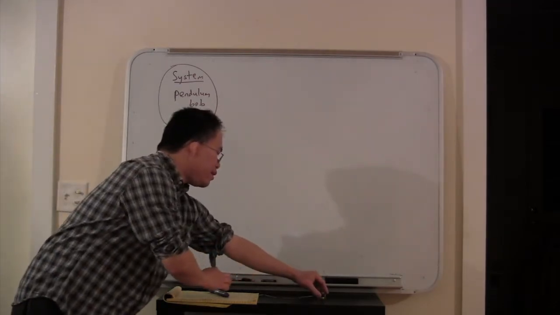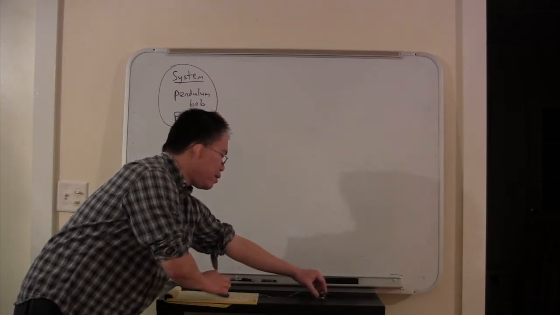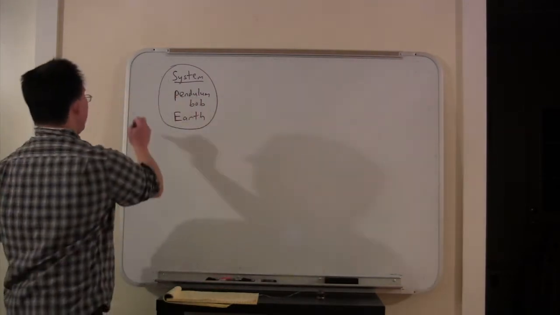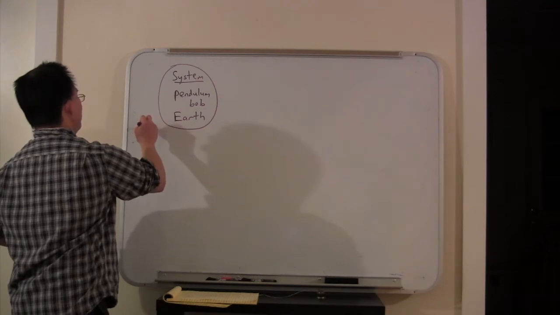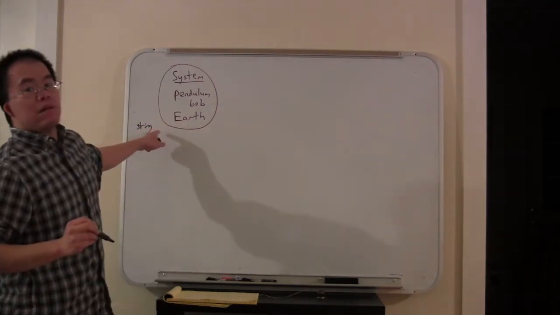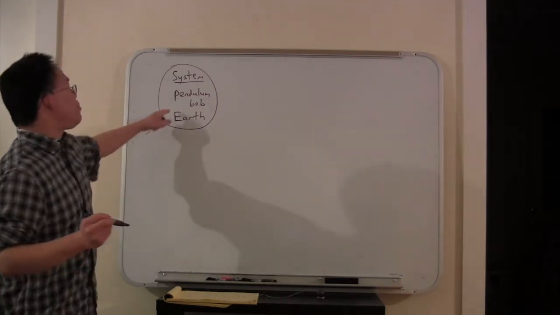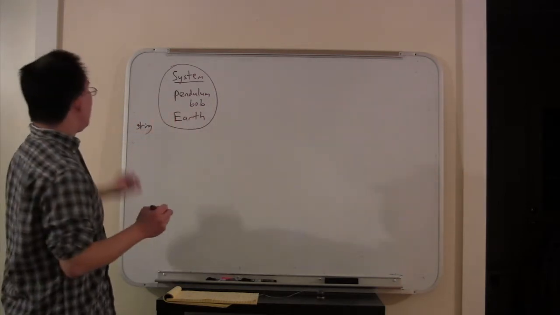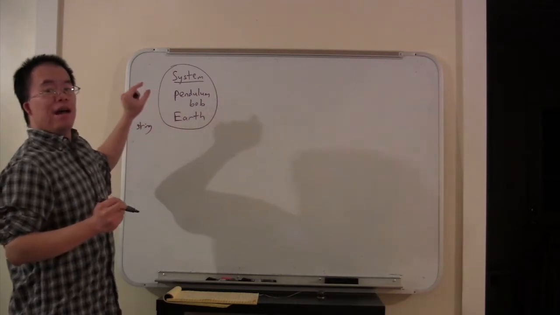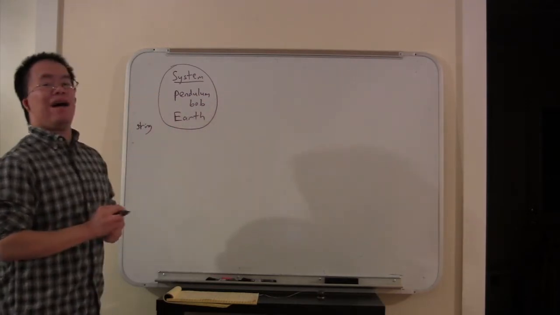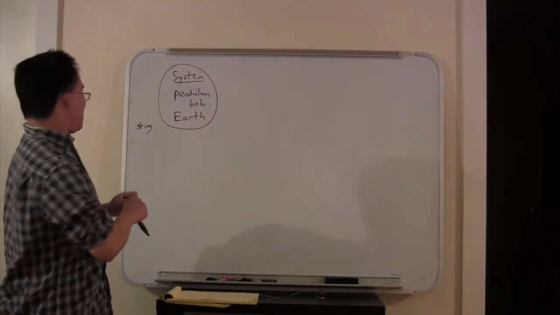So even though my string is outside the system, there's no transfer of energy, there's no work done by the string on the system. So we still have an isolated system defining it this way.